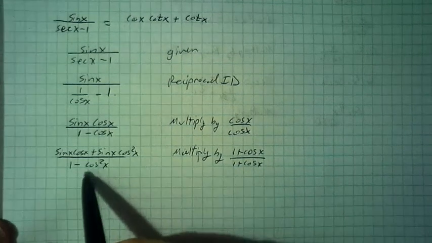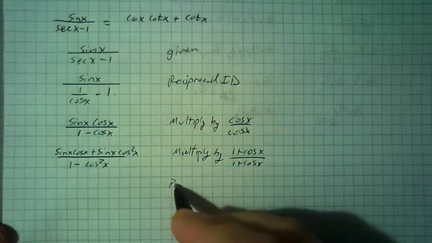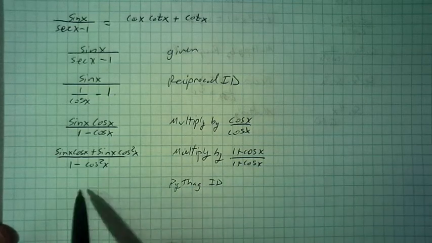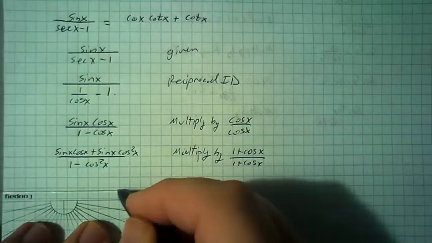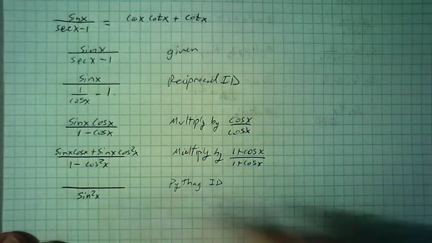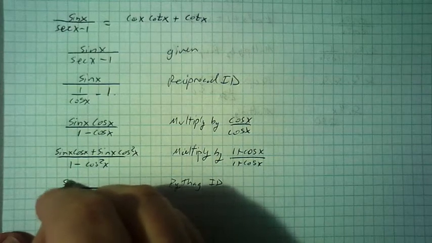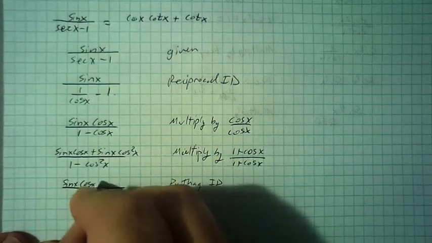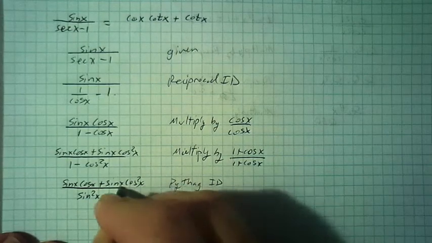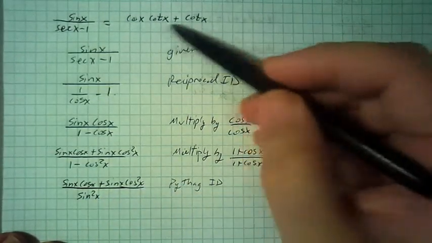Interesting. The bottom now, Pythagorean identity. 1 minus cosine squared, we've seen a few times already tonight. That's sine squared. So this is actually one big fraction, but the place I'm headed has actually two terms.